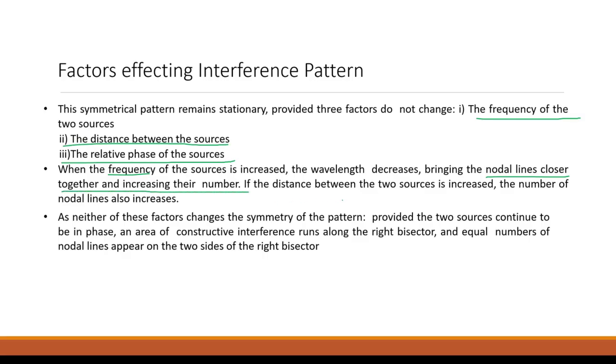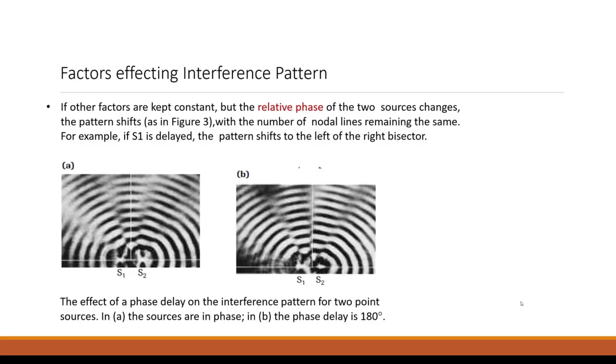And if the distance between the two sources is increased, then the number of nodal lines will also increase. So if the other factors are kept constant, but the relative phase of the two sources changes, this pattern is going to shift, as you can see from this initial to this final, with the number of nodal lines remaining the same.